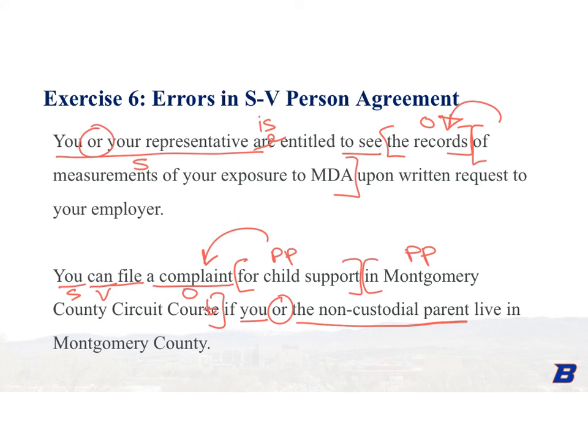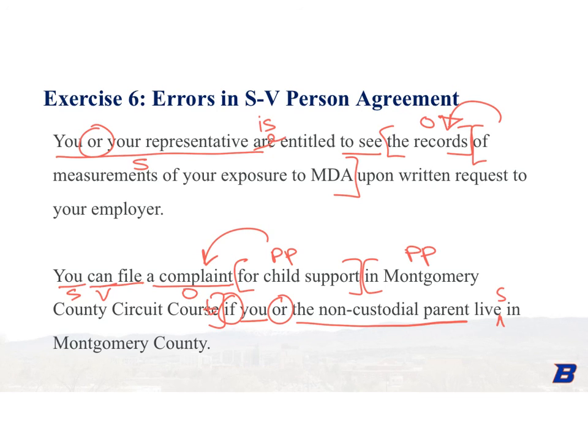So it's an adverb. So if is a subordinating conjunction. So it's making what follows a dependent clause. It's reliant on this first main clause, but it still has a subject and a verb. So you have you, or there's your coordinating conjunction. The non-custodial parent. So this non-custodial parent is singular, and that means that your verb would be singular as well.